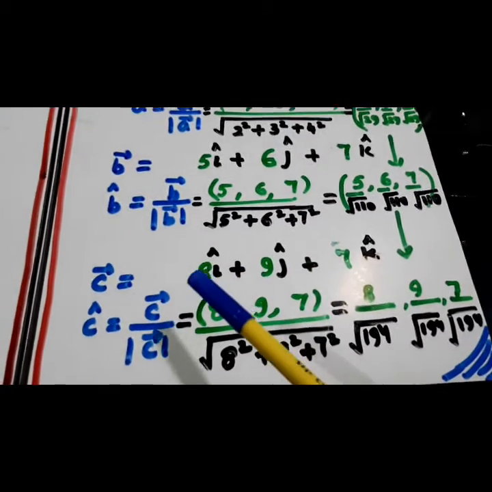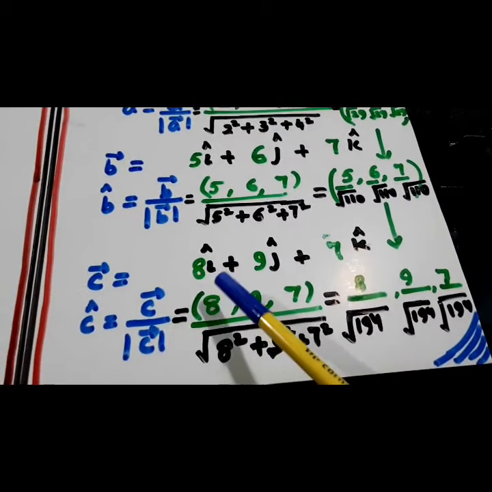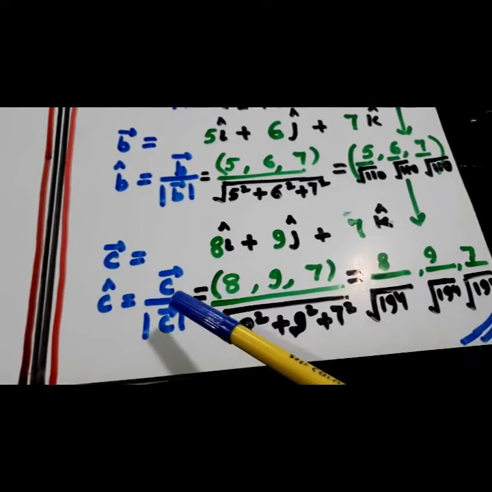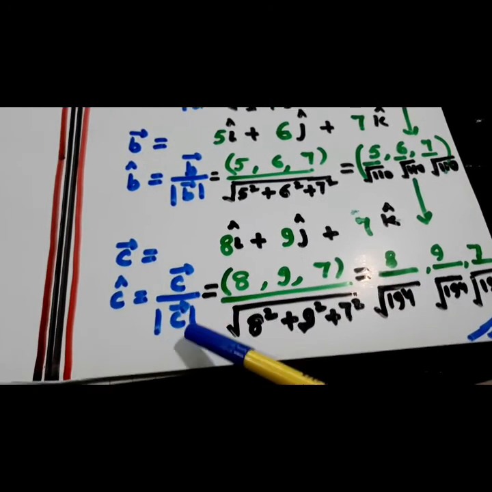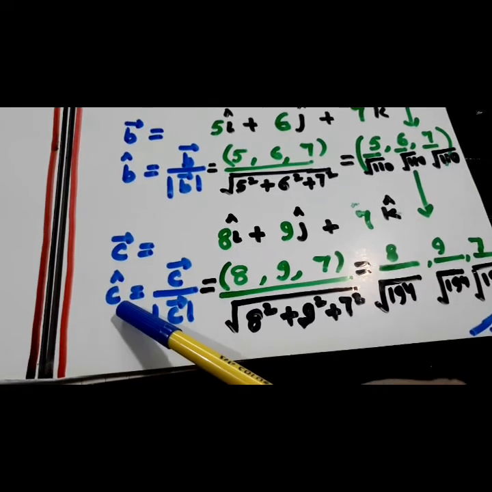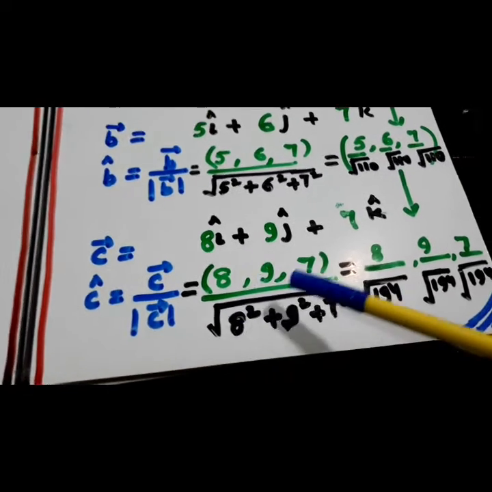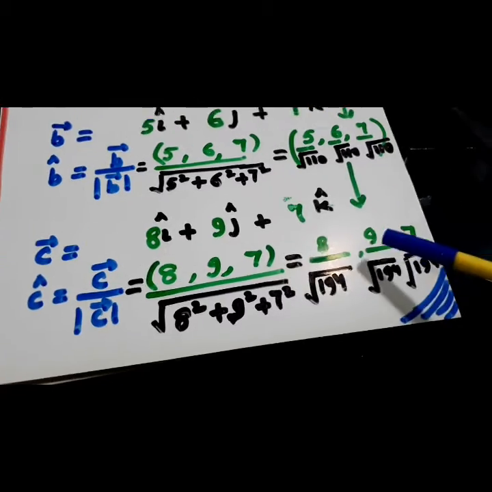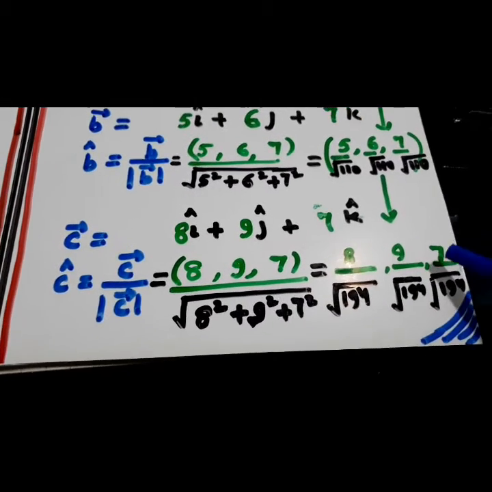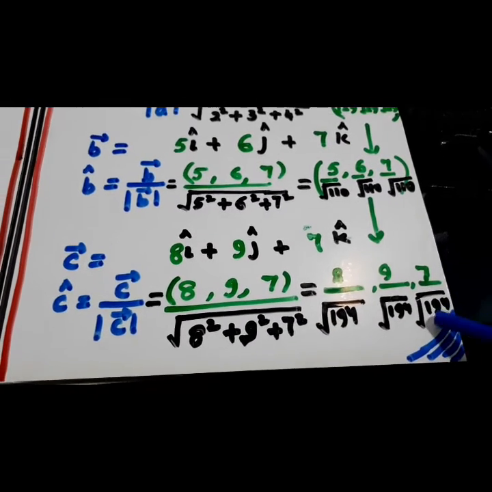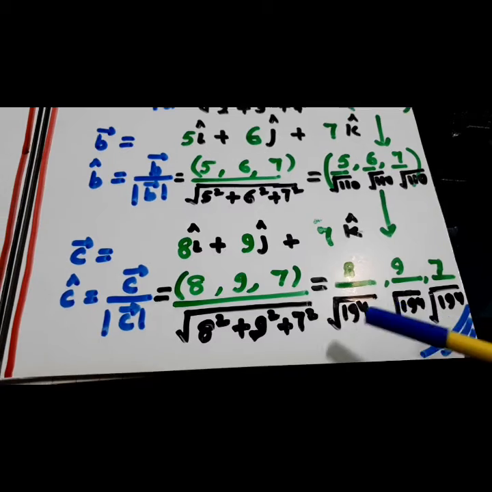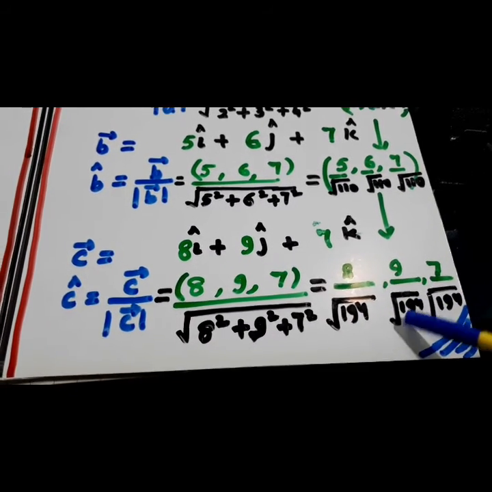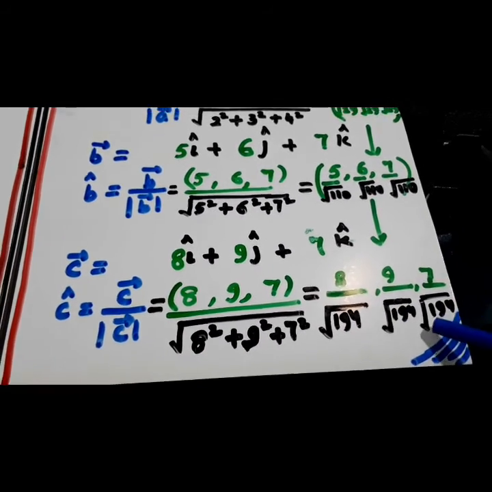Now let us go to third example. Vector C is there, 8, 9, 7. Divide this vector with the magnitude, it becomes the unit vector, and the scalar components of this are 8 over root 194, 9 over root 194 and 7 over root 194.